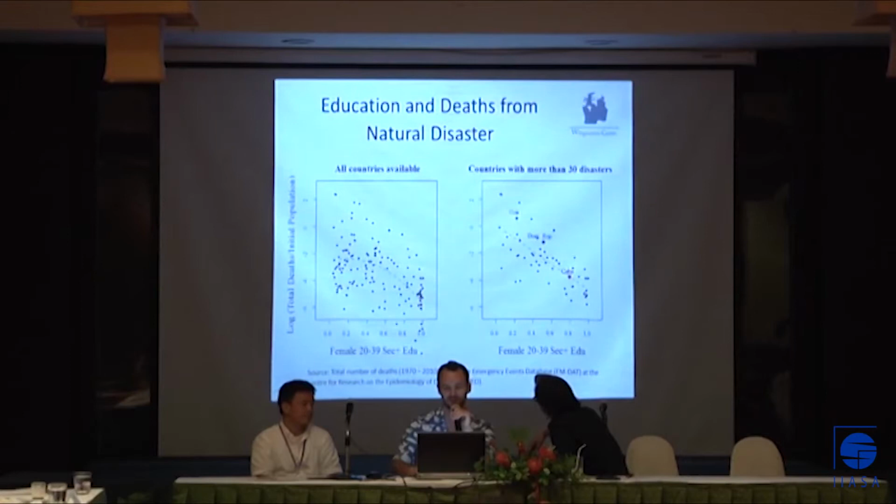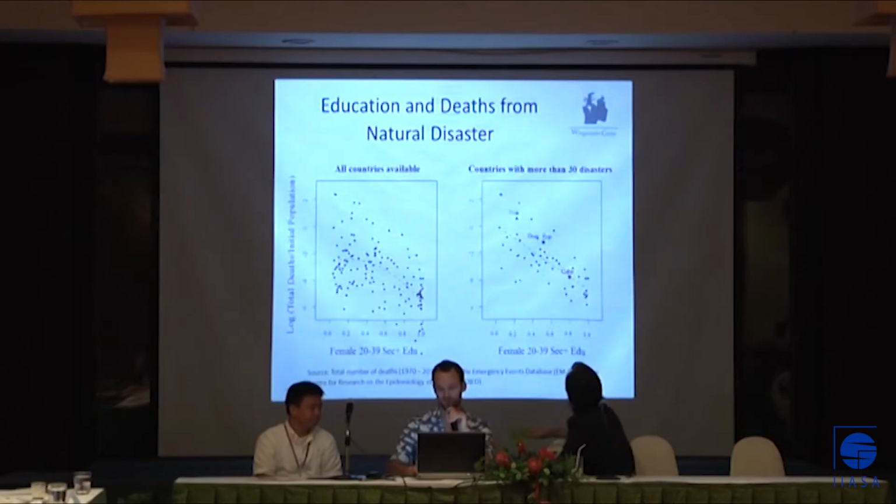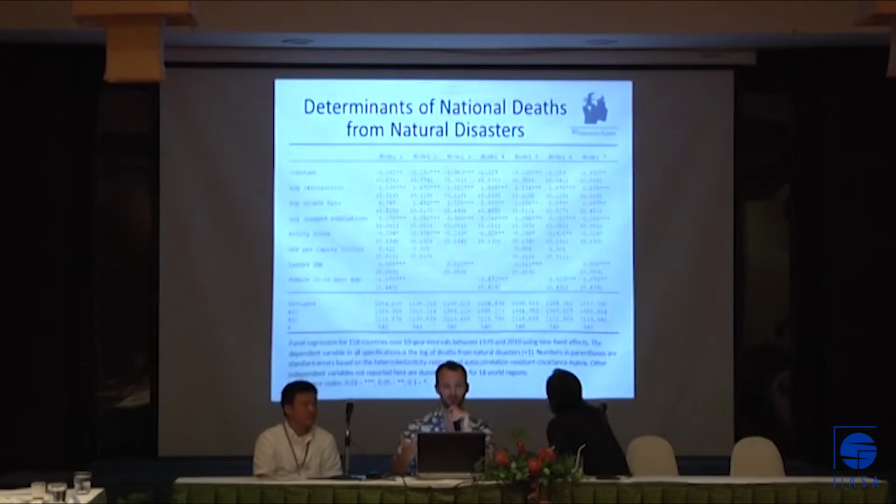And you can see that in the picture on the right, where Cuba is very far to the right, right on the line describing the linear trend between my education variable here, the share of women aged 20 to 39 with at least secondary education, and the log of the total number of deaths to the initial population. Whereas the Dominican Republic and Haiti lag far behind and have far less educated population. But of course, you have to control for many other covariates.